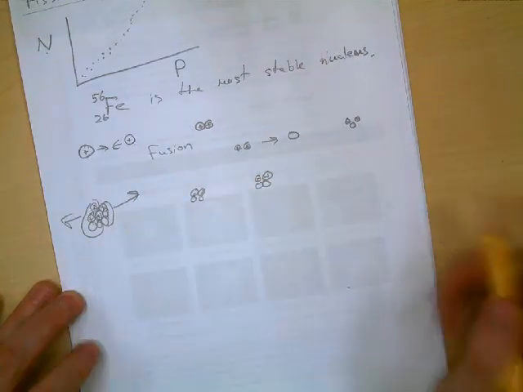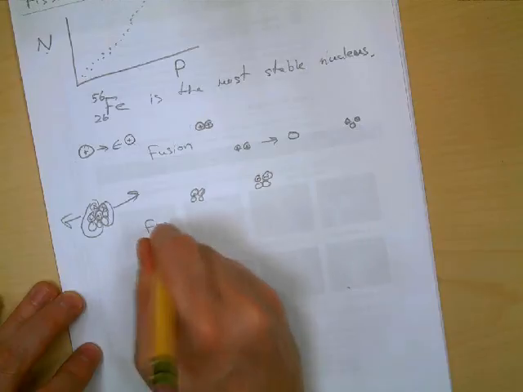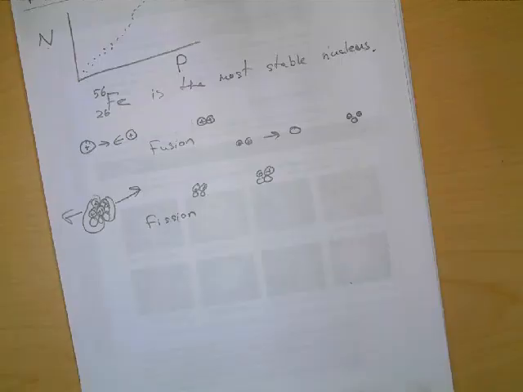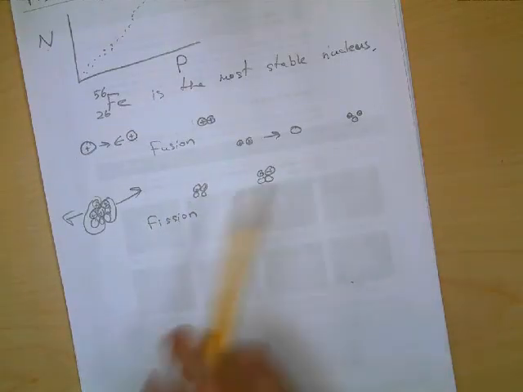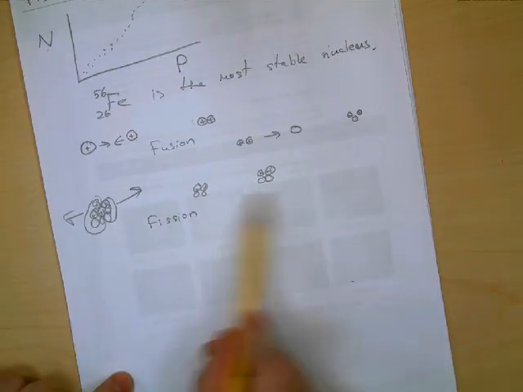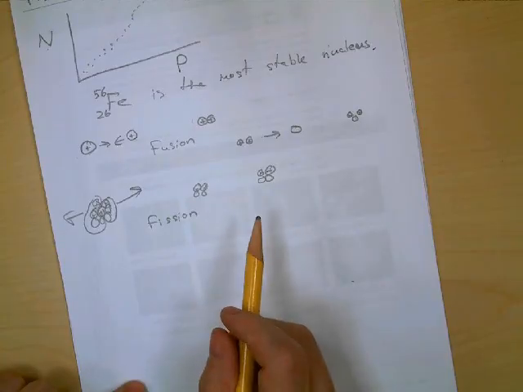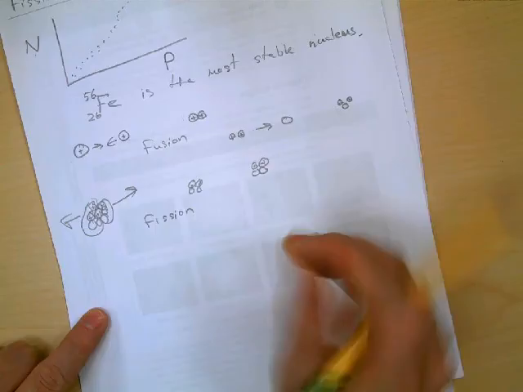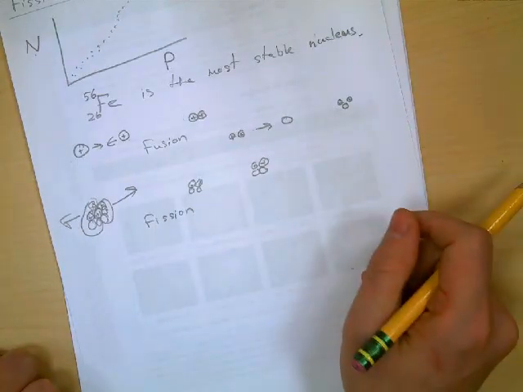That splitting event we call a fission event. So fission is a process by which one big nucleus splits into 2 smaller nuclei. It's the exact opposite of fusion, which is 2 smaller nuclei fusing together into one big nucleus, okay?